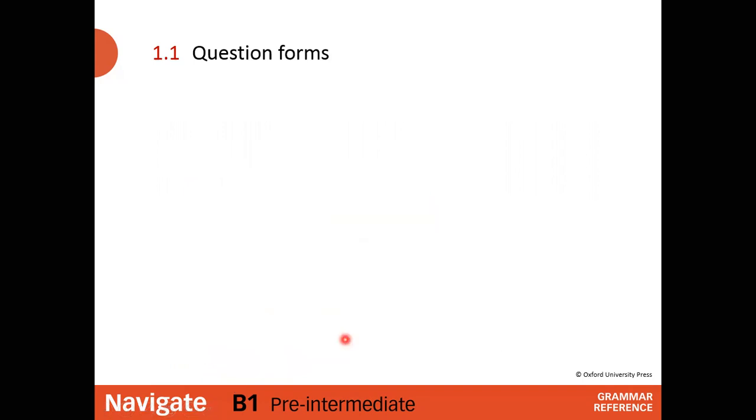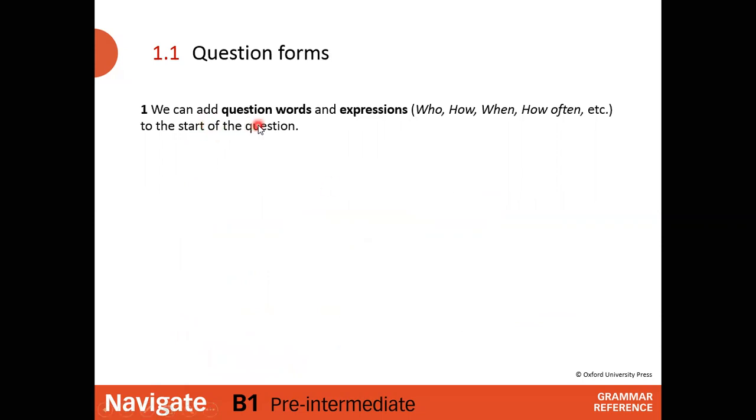Now next one. We can add question words and expressions, who, how, when, how often, etc., to the start of the question. When you want to make a special question, or when you want to clarify what you are asking about, you use question words or expressions like who, how, when, how often, why, what time at the beginning of your question.